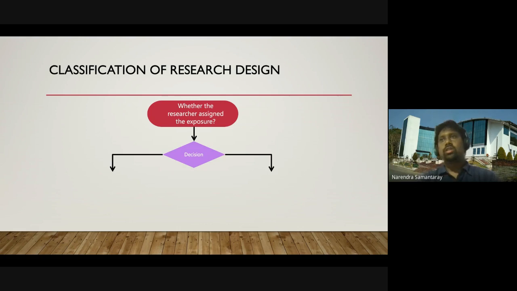Here, the exposure is not only a therapeutic agent; it may be any characteristic that we want to study, any characteristic that we think, if a person has it, some result will happen. So exposure is meant in a broader way, not only interventional, but also having certain characteristics that we think can yield a certain outcome.